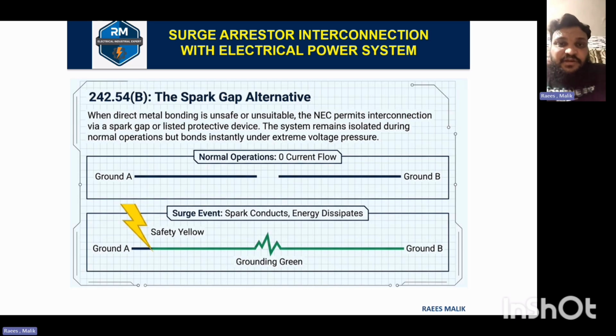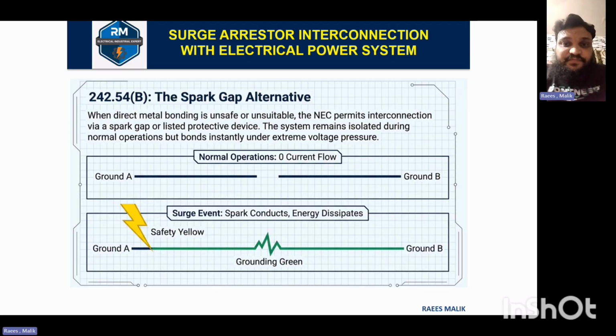So in the picture, in normal operation there is no current flow, but when lightning strikes and we use a spark gap application, then extreme voltage is generated in the system, and it changes its resistance and safely grounds the lightning strike.